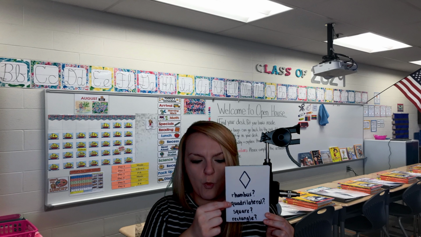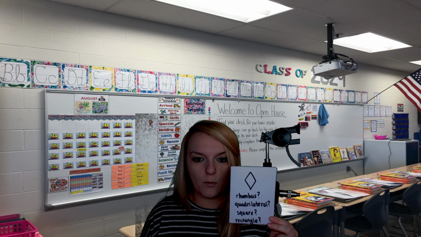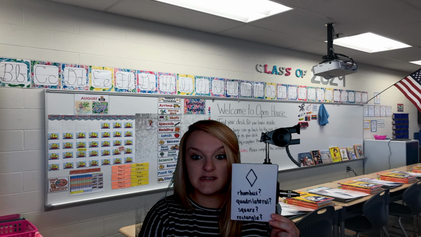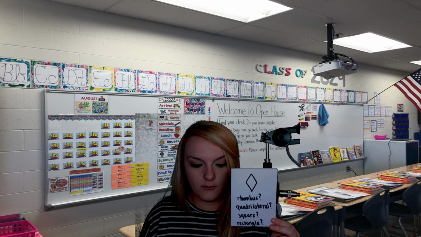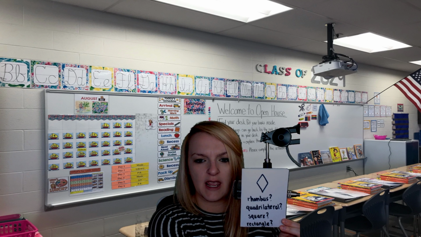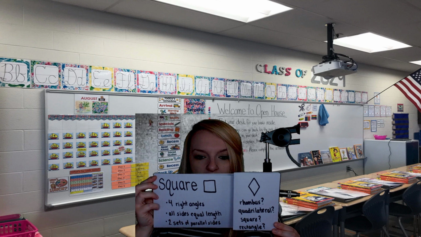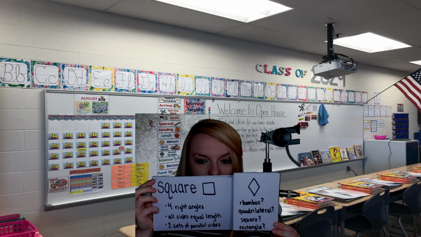Is it a quadrilateral? Does it have 4 sides and 4 angles? It does. This shape is also a quadrilateral. Is this shape a square? It has all sides of equal length, 2 sets of parallel sides.